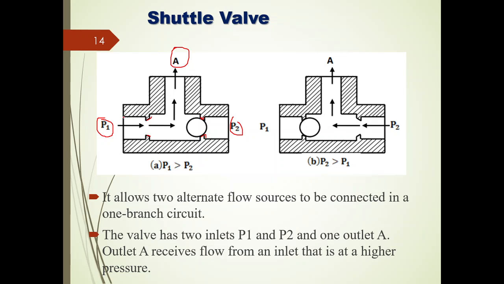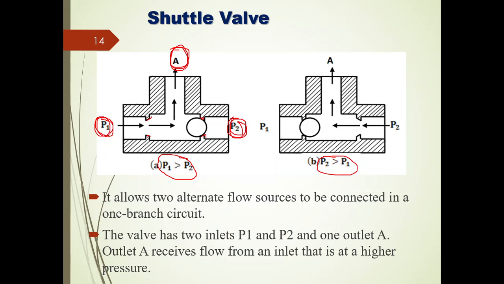So assume I allow the fluid to flow from pump P1 as well as pump P2. Which pump's flow I will get at the outlet, either from P1 or P2, depends upon whether P1 is greater than P2 or P2 is greater than P1.